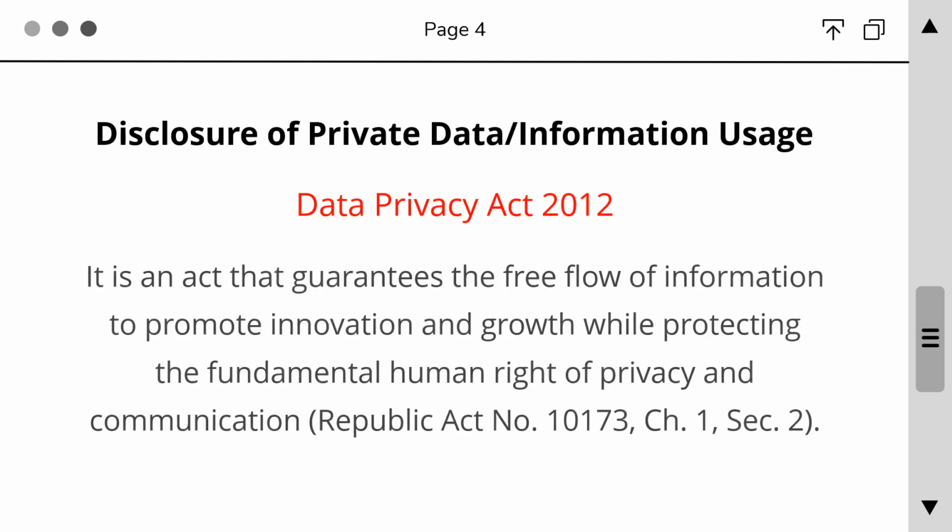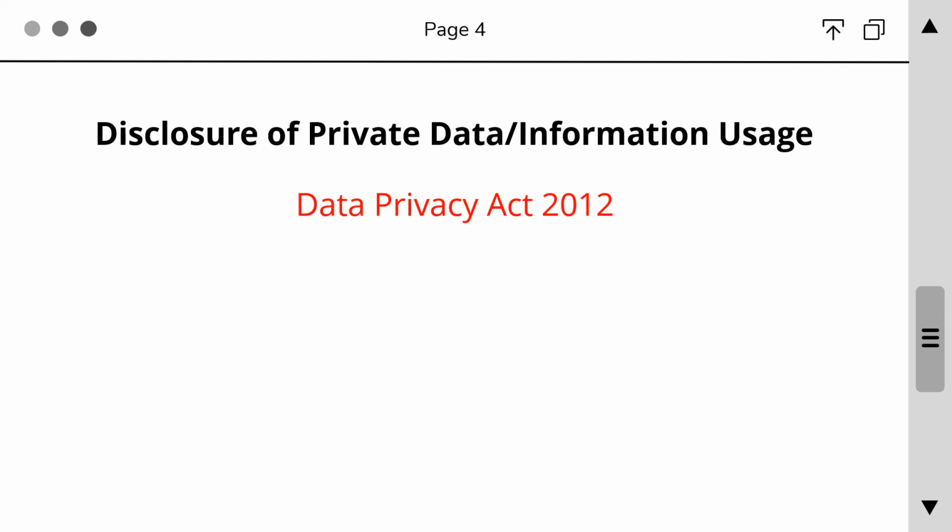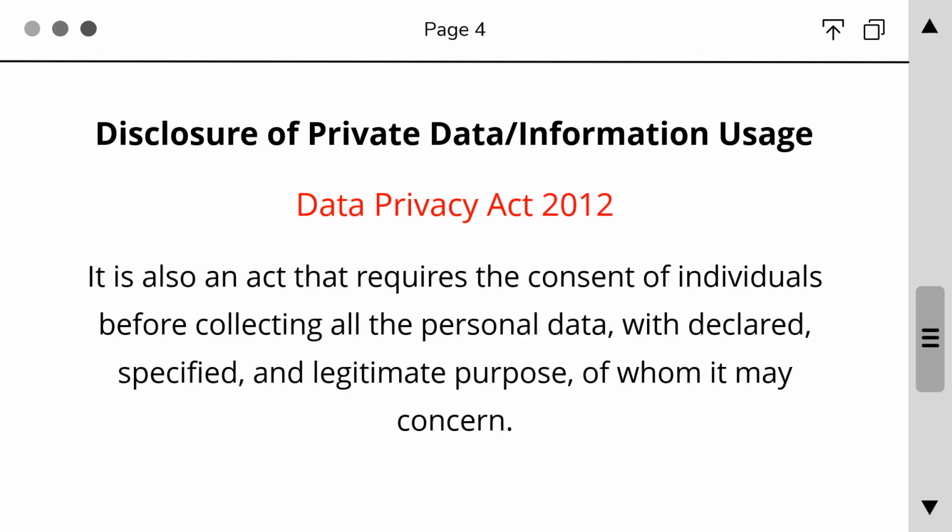The Data Privacy Act 2012 is an act that guarantees the free flow of information to promote innovation and growth while protecting the fundamental human right of privacy and communication. It is also an act that requires the consent of individuals before collecting all the personal data with declared, specified, and legitimate purpose of whom it may concern.